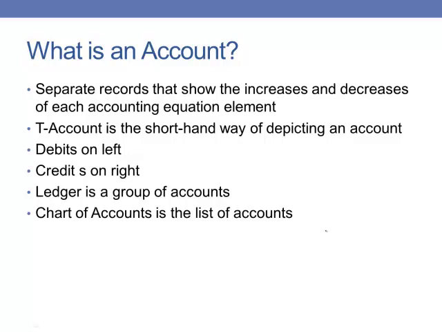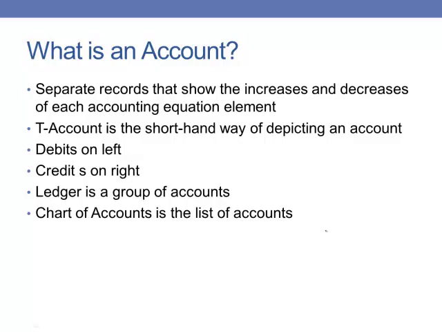So assets, we'll have a list of assets: cash, supplies, land, equipment, machinery, vehicles, buildings, you name it. Those resources are assets. The liabilities: accounts payable, wages payable, unearned fees. If you've been paid in advance for something, that would be a liability. And in the equity, we would have the capital and drawing accounts.